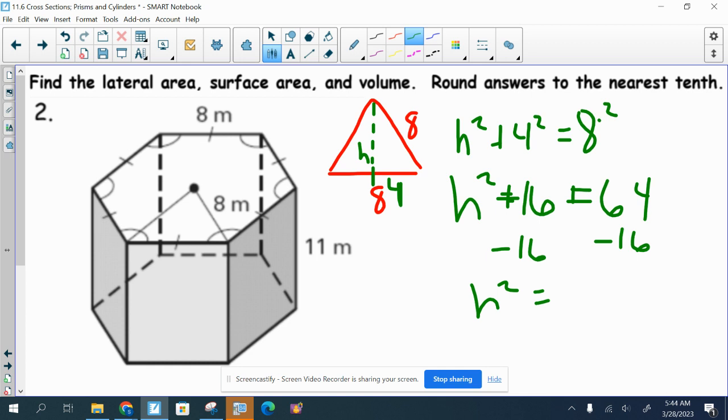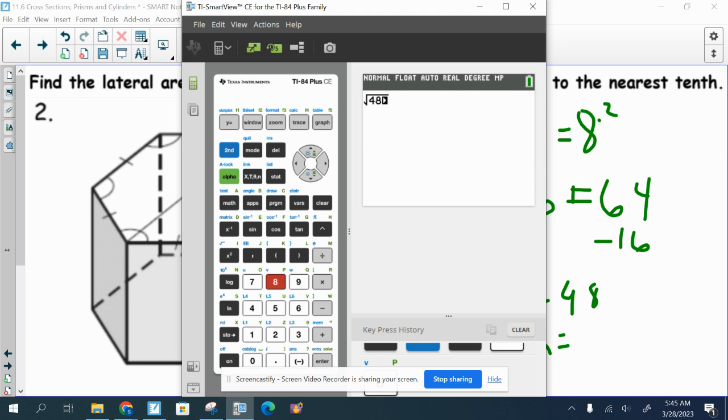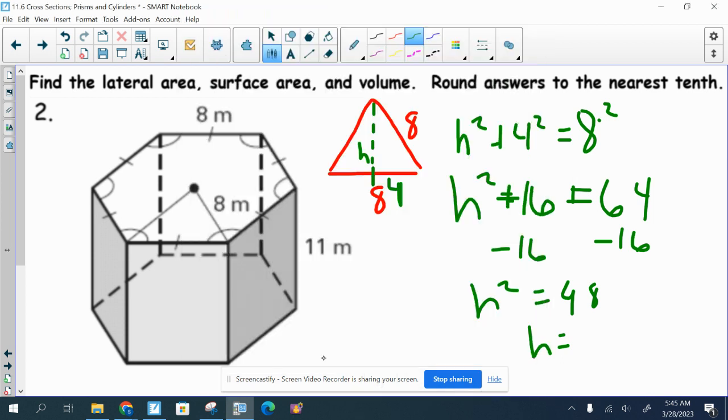That would give you 48. And then take the square root of 48. That's 6.928, so 6.93. I'll keep it to 2 decimal places until the end when it says round to the nearest tenth.